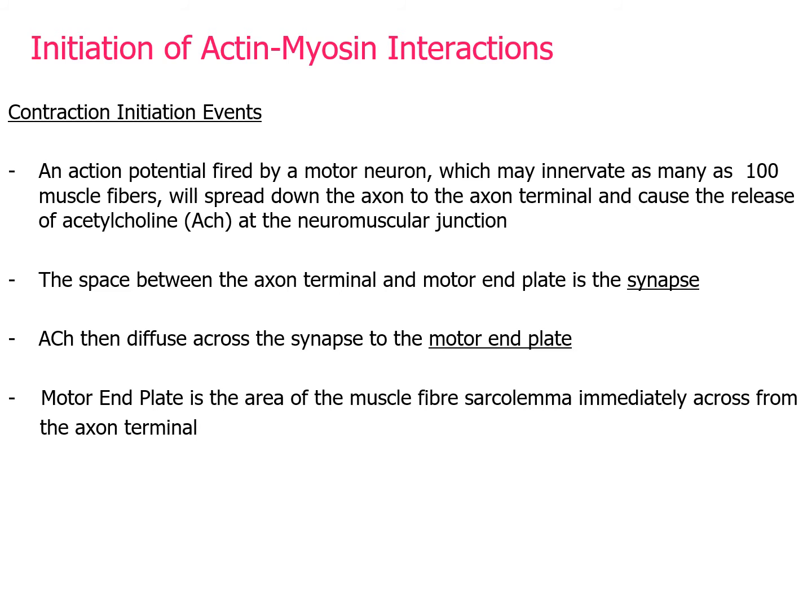So the acetylcholine that gets released by arrival of a depolarizing action potential, abbreviated ACh, diffuses across to the motor end plate and binds to specific acetylcholine receptors on the motor end plate.